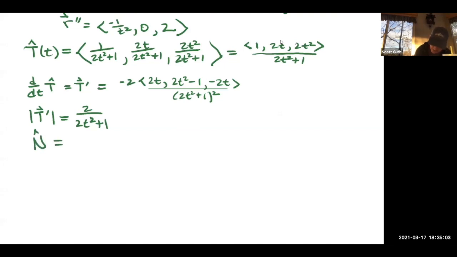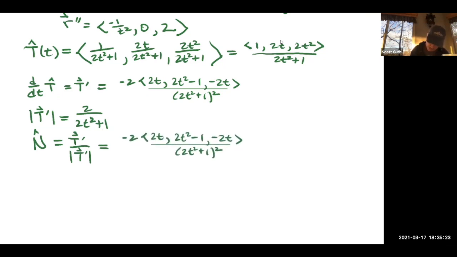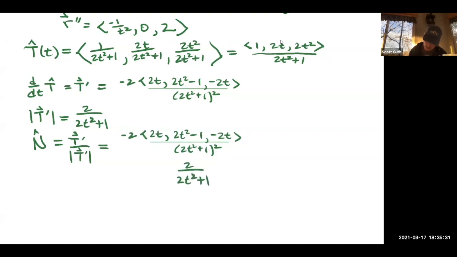So this is T prime over the magnitude of T prime. Okay, so here, we'll take this first one, paste it down here and divide by the other one. Like that.